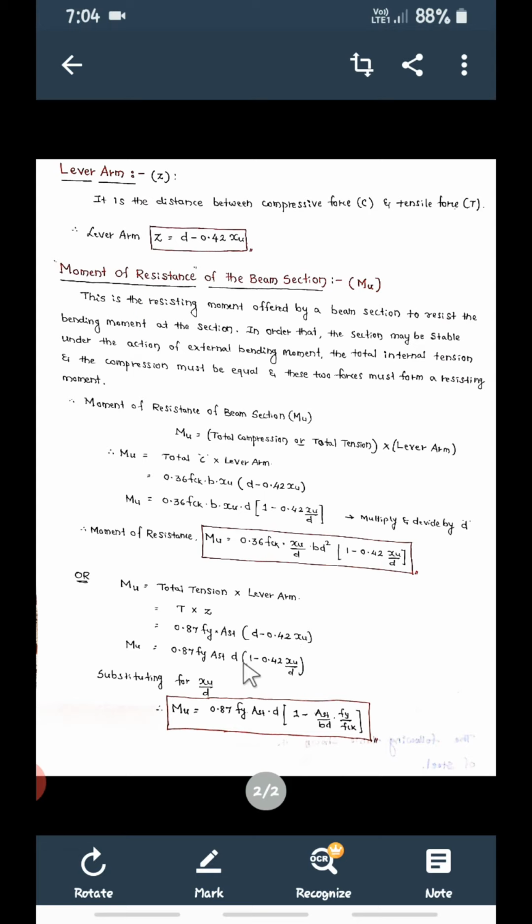So Mu is equal to 0.87 fy Ast d, into bracket 1 minus 0.42 xu by d. If you substitute the xu value here, the final equation is this. So you can calculate the moment of resistance using this formula or this formula. This is C into lever arm, and this is T into lever arm. This is the important thing you have to remember.